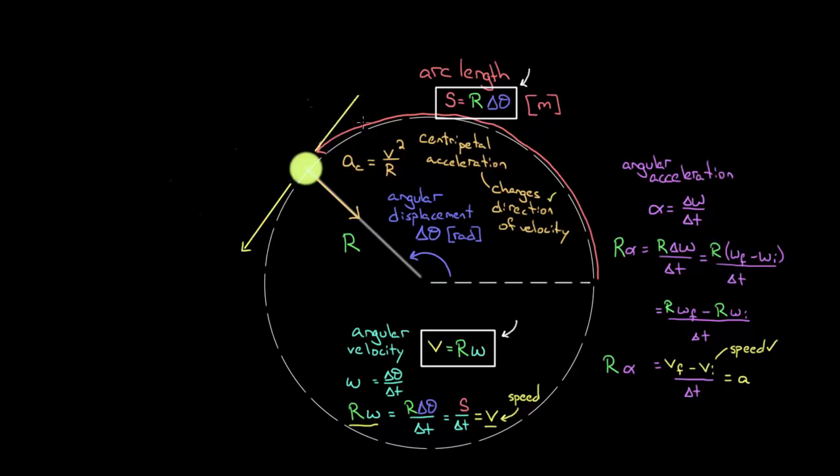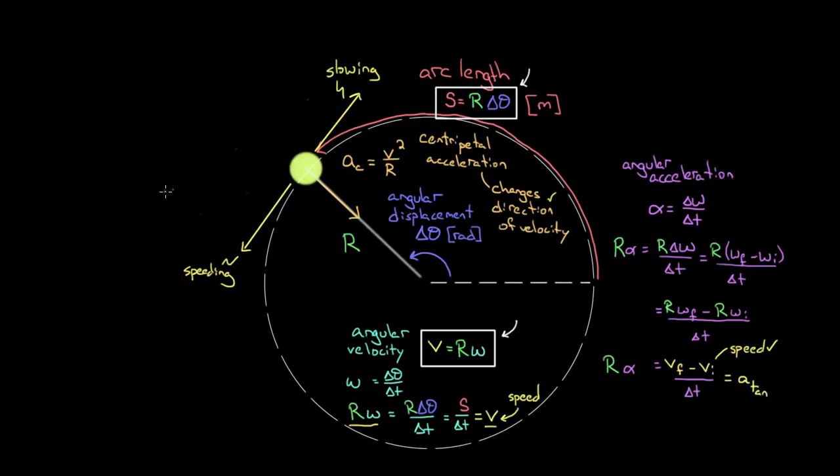If it was opposite the direction of motion, the acceleration would be slowing the object down. And if the component of acceleration is in the direction of motion, then it's speeding the object up. And that's what we found down here. That's what this component of acceleration is, r alpha, which is why it's often called the tangential acceleration.